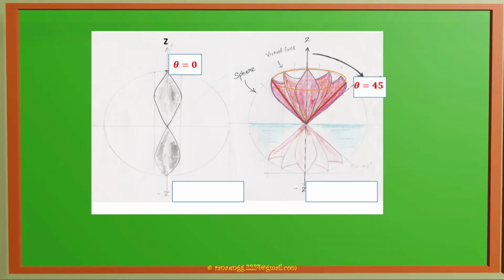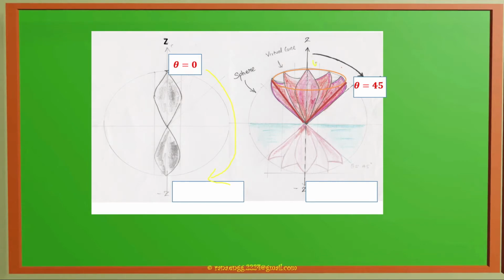One more way to understand the angle theta is that we start the calculation of this angle from the positive z axis, going towards the negative z axis. So we start from theta equal to 0. If we consider this image of a lotus and its reflection inside water, as it opens, the angle will also increase.